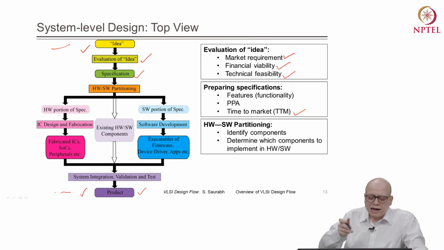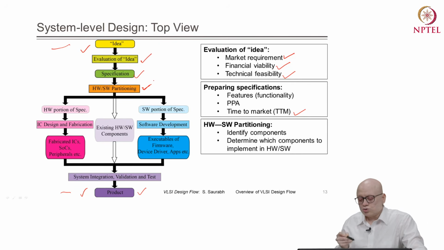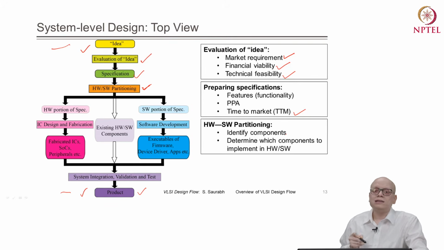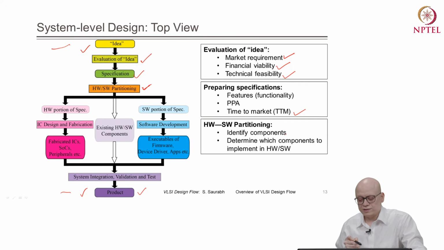And once we have got the specification and the features that need to be implemented for a product, then the step comes that is known as hardware software partitioning. In this hardware software partitioning step, we identify various components that will be required for the system.